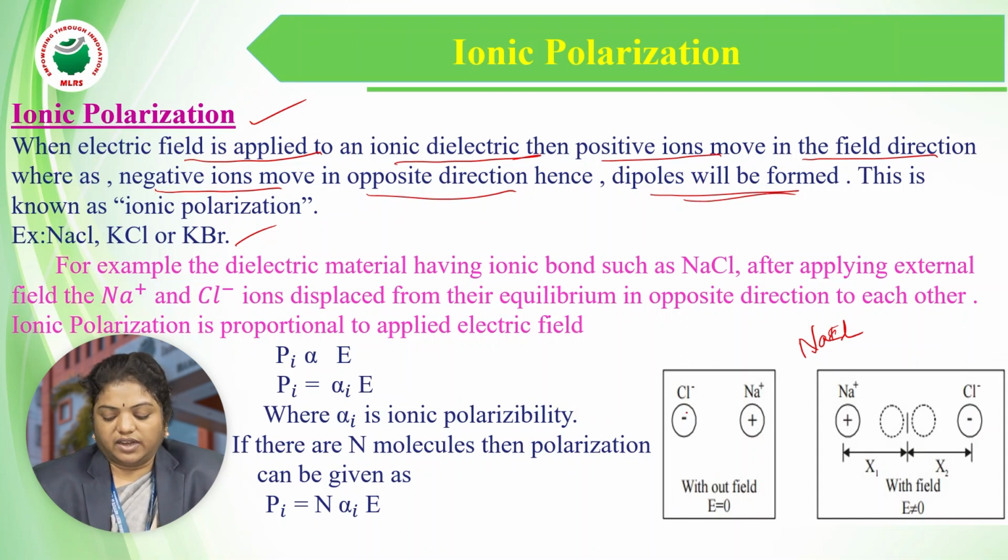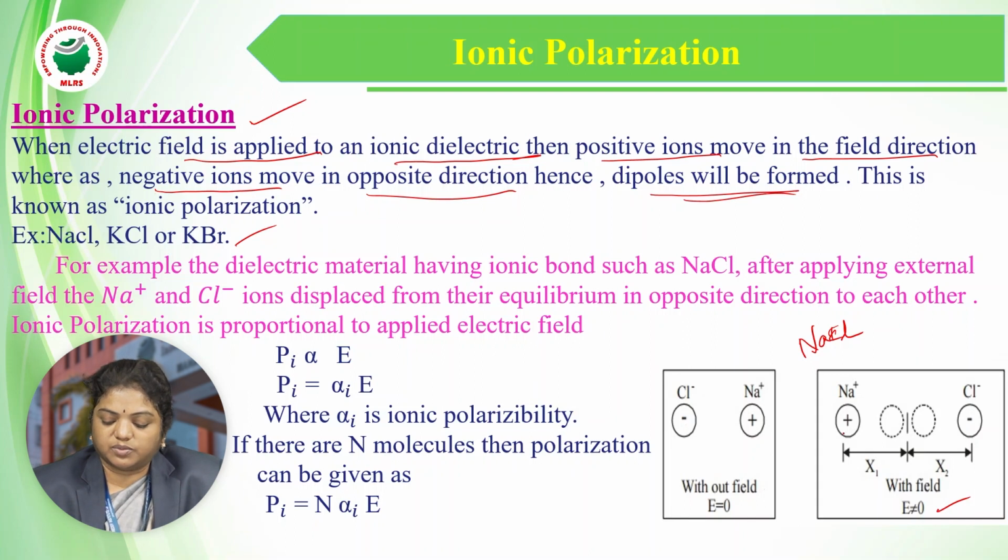Without the field, NaCl is Na plus and Cl minus. Whenever we apply the electric field, the Na plus and Cl minus ions are separated by some distance, some displacement.